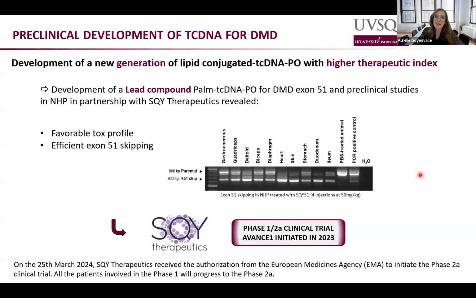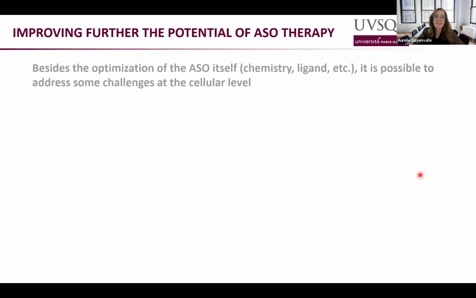This is quite exciting. So moving to the next part of my talk and about the remaining challenges. So despite these improvements that have clearly improved the therapeutic index of the Tricyclo, there are still a lot of challenges that remain, especially in a difficult pathology like Duchenne muscular dystrophy.